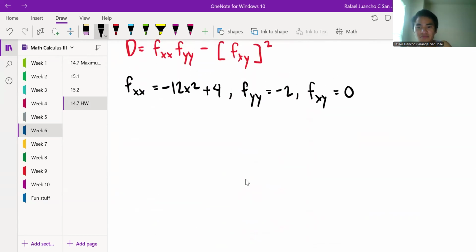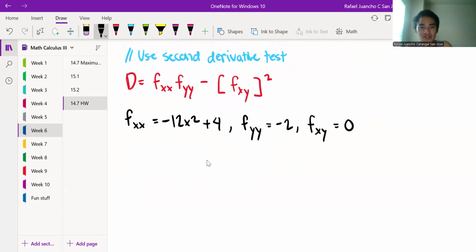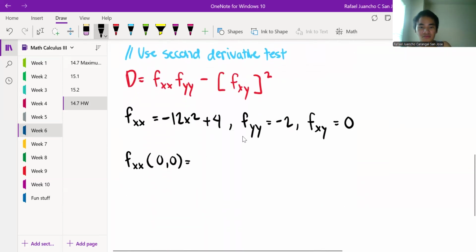So Clairaut's theorem tells us I could do it either way, and they both achieve the same result, which is 0. And from there, I just plug it in. My f sub xx at my critical point 0, 0 is just 4.